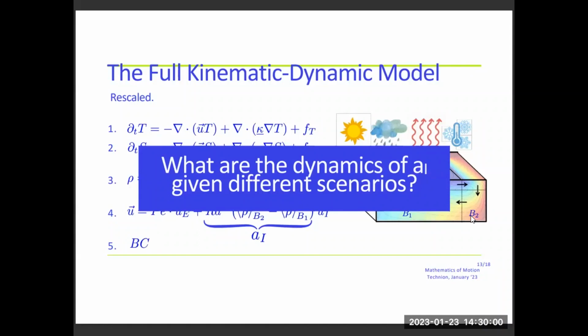It's a one-dimensional variable, and it basically encompasses the entire dynamics of this three-dimensional plus time partial differential equation set with integrals.